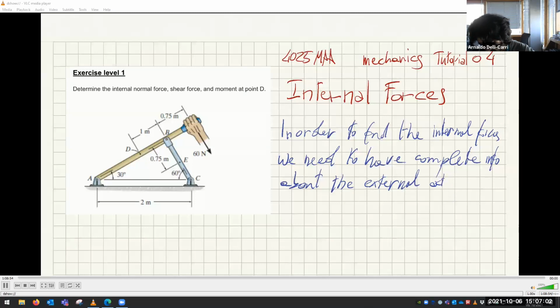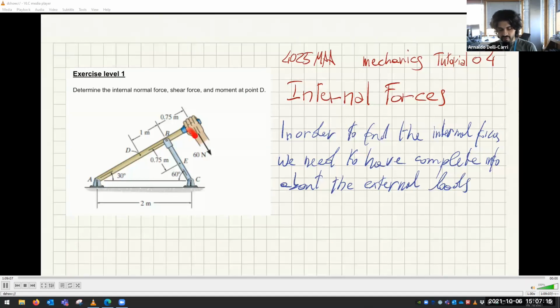But let's say external loads. So this is including reaction forces. So the very first thing we have to do here is to find the external forces, which is this one, and all the reactions from these supports as well.